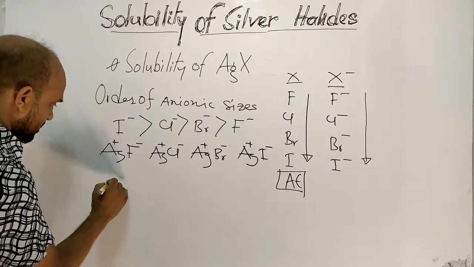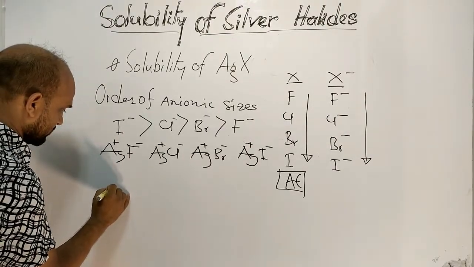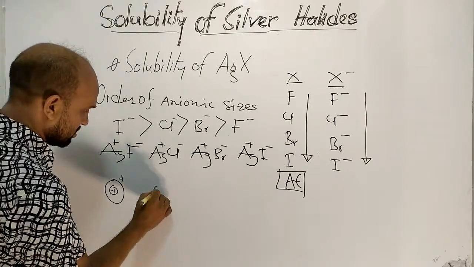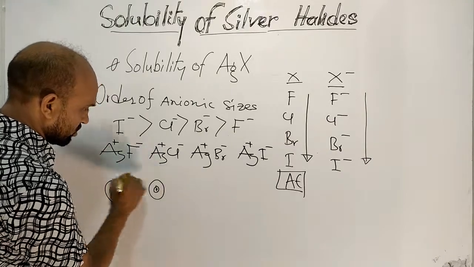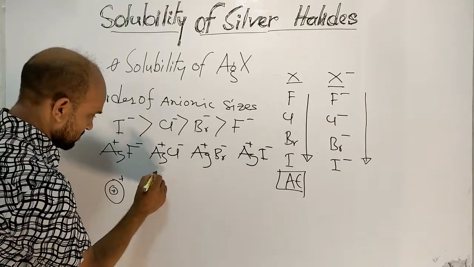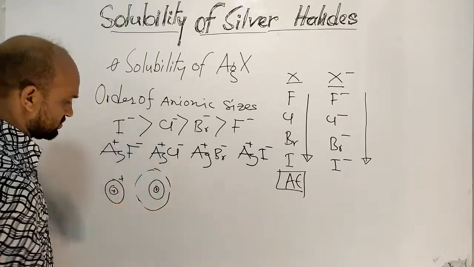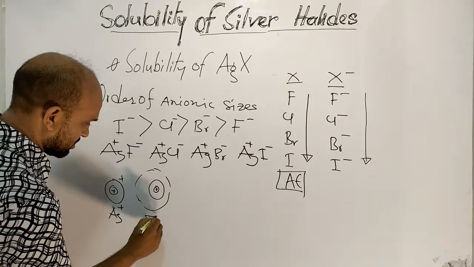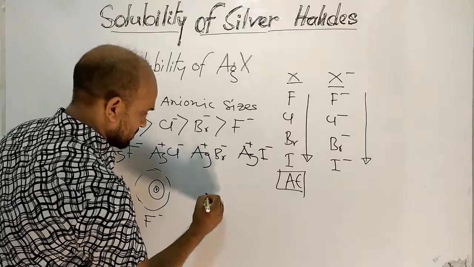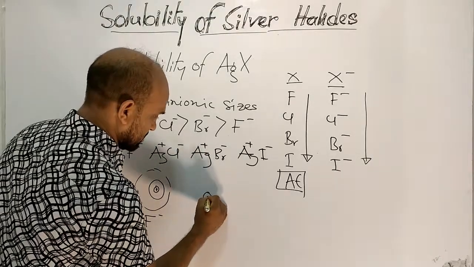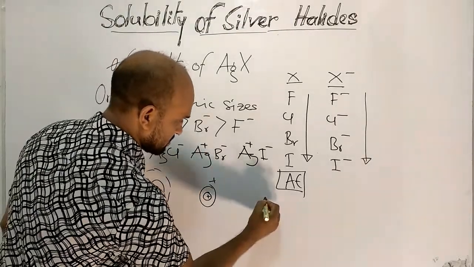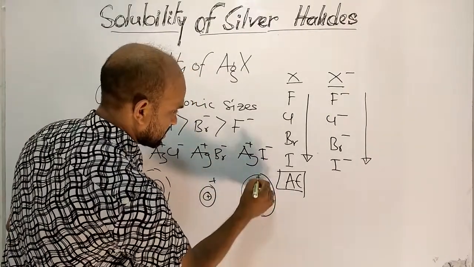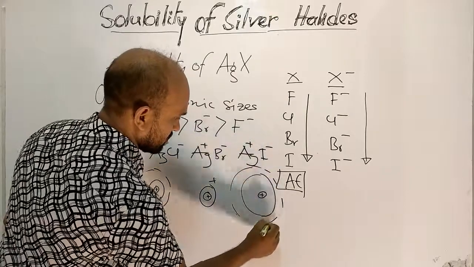Now let's see the molecular structure of silver fluoride. This is silver and this is fluoride ion. This is electron cloud. This is silver iodide, silver plus, and this is iodide minus, and this is electron cloud.